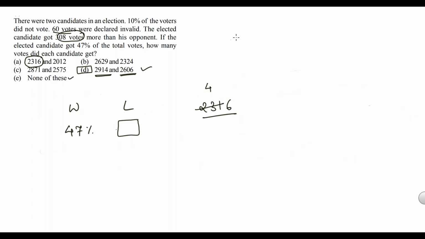If 47 4 times is 188, what is the remainder? 12 plus 31, 43 is the remainder, and my last number is 6. 436. Now if you try 47 10 times, 47 10 times is 470, minus 47 will be 47 9 times, which is 423. So this number is not completely divisible by 47.